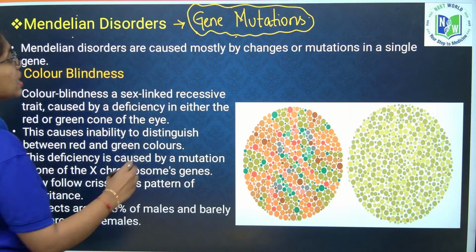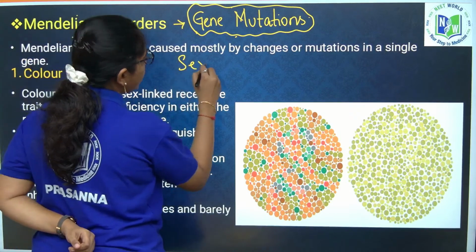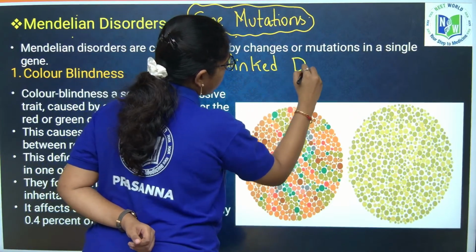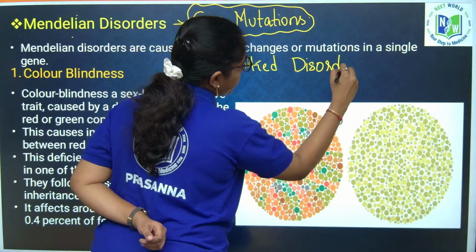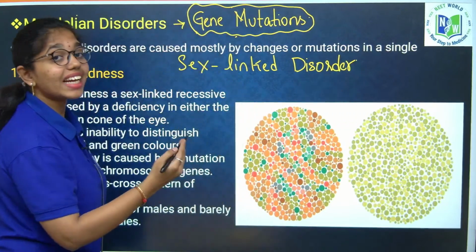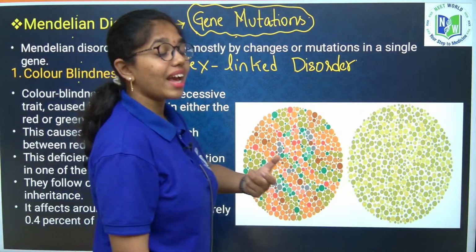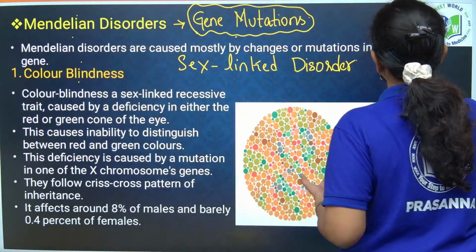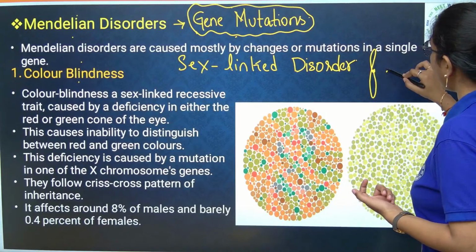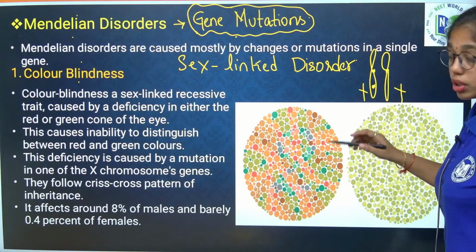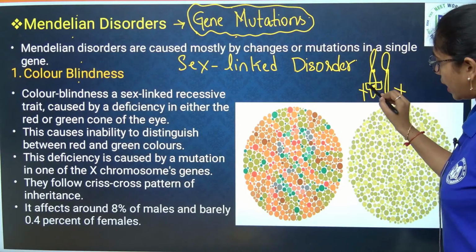The first sex-linked disorder we are learning is an X-linked recessive disorder, that is color blindness. People affected with color blindness have a mutation in a single gene on the X chromosome.